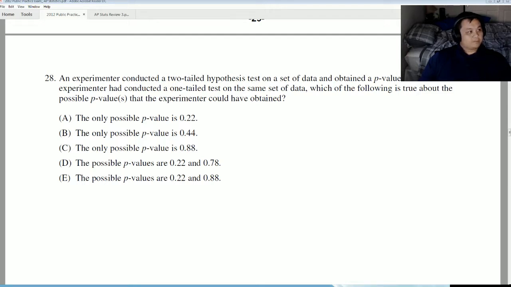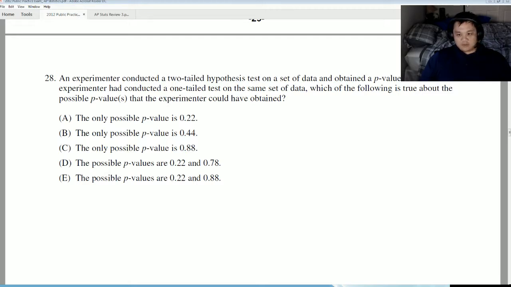Correct. Is it E? How did you get E? You just doubled it? Because there's no relationship between 0.78 and 0.44. The answer is D.